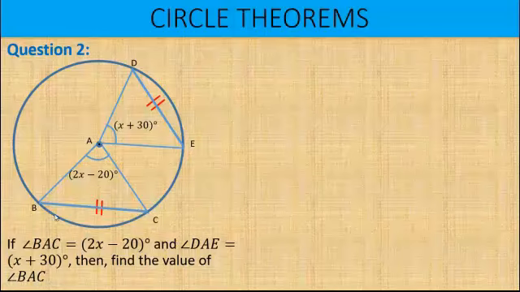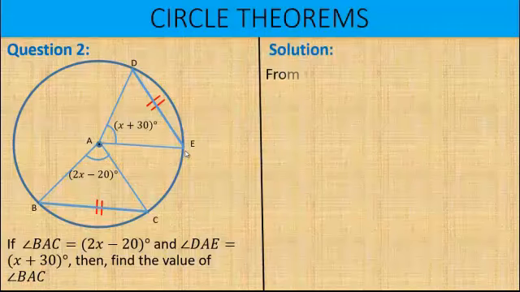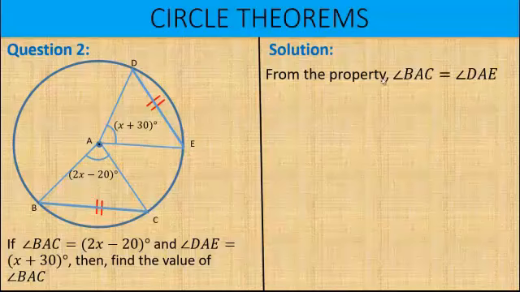We know that angle BAC is equal to angle DAE. That is what you must know first. So let's solve it together. From the property, we know that angle BAC is equal to DAE.